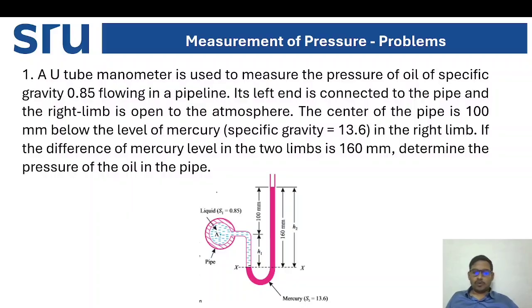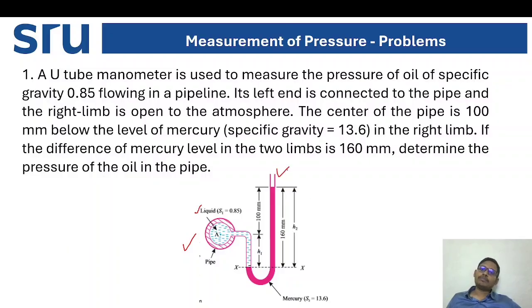You can see here they have mentioned 0.85. Its left end is connected to a pipe and the right limb is open to the atmosphere. See, the left limb is with respect to the pipe and the right limb is with respect to the atmosphere.